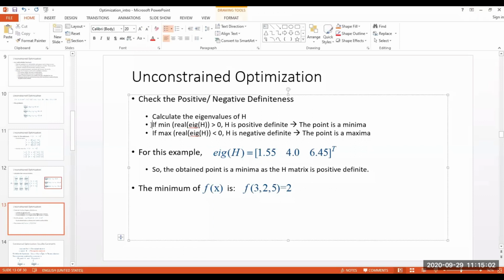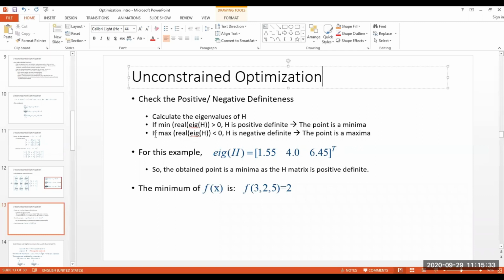If the minimum of the real part of the eigenvalues of H is greater than 0, in other words, if all of the eigenvalues of the Hessian matrix H are positive, then H is definitely a positive definite matrix, and that means you have reached the minima. That candidate solution will give you the minima.